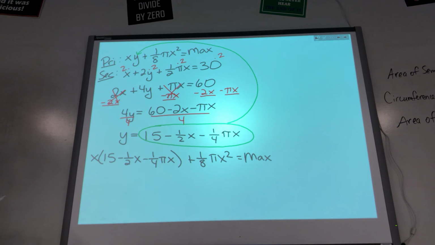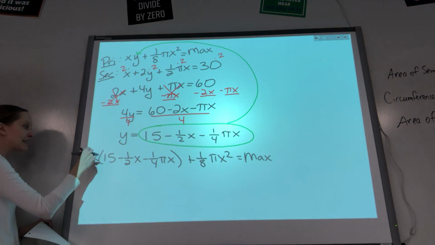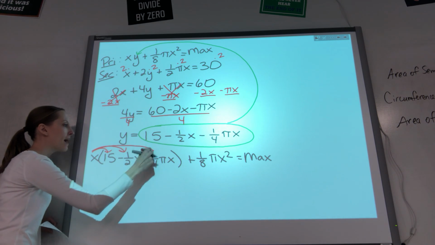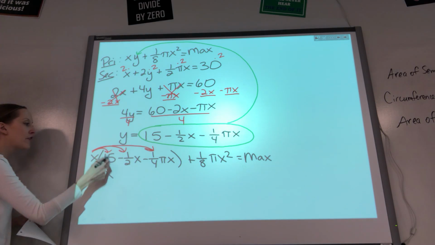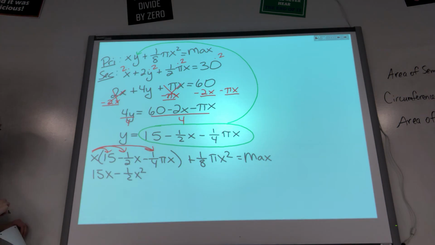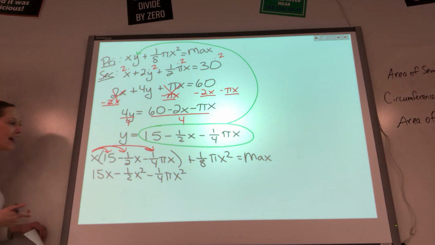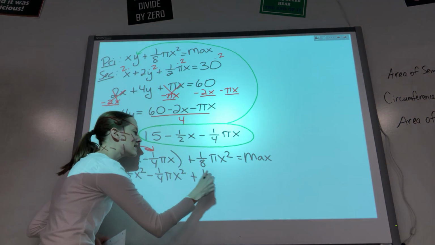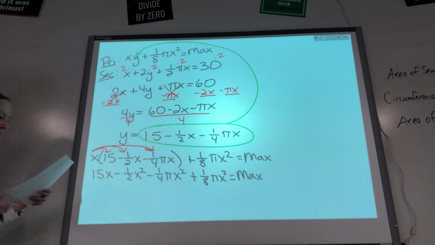Got a lot going on up here, and you don't want to miss it just because of one wrong step. Now, I will have to take the derivative of this mess, but before I do that, it might be nice to go ahead and distribute the x out front. So it says 15x minus 1/2 x squared minus 1/4 pi x squared plus 1/8 pi x squared. That equals a max.